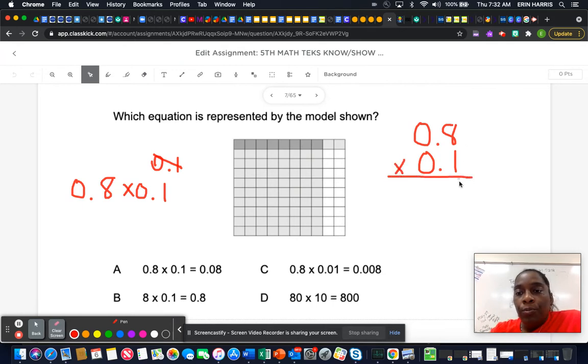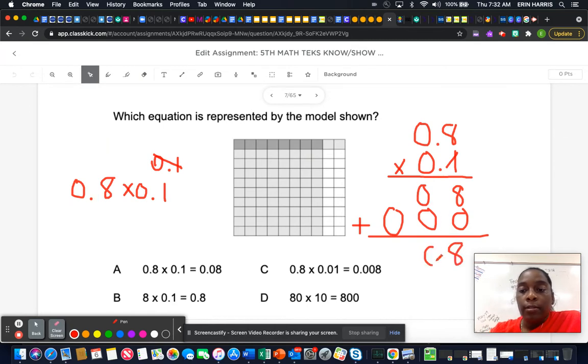So 8 times 1 is 8. 1 times 0 is 0. You would do your placeholder 0 here, and you would multiply 0 times 8 is 0, and 0 times 0 is 0. You'd add these two numbers together. 8 plus 0 is 8. 0 plus 0 is 0, and you bring your 0 down.